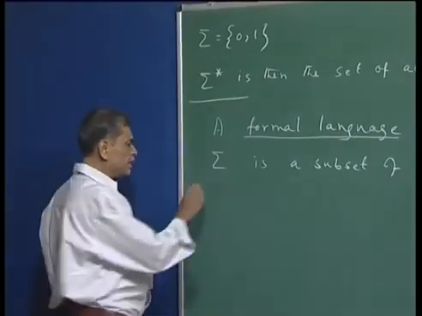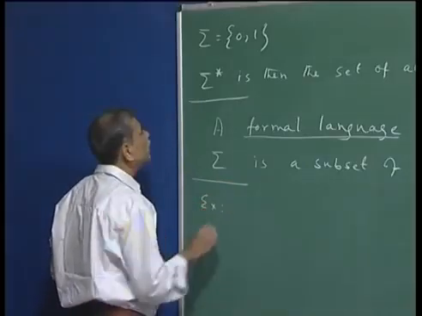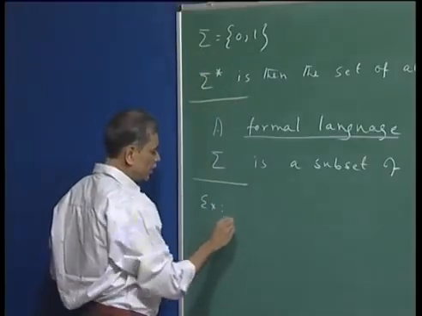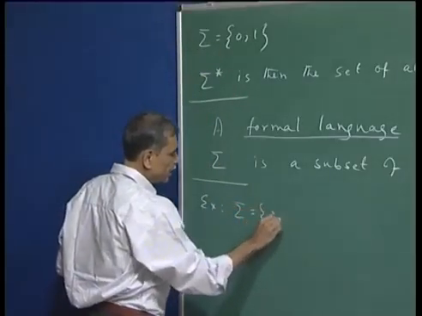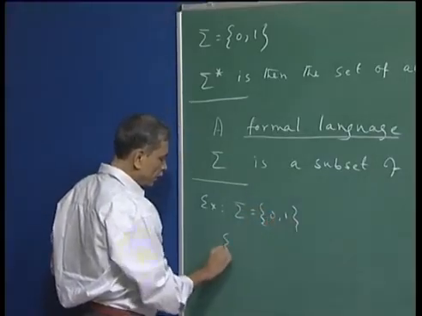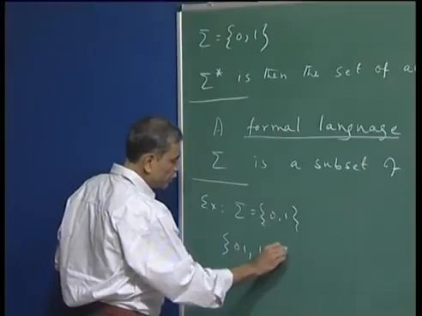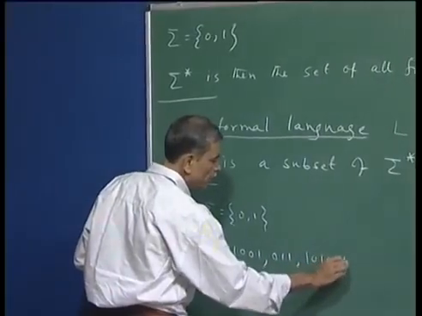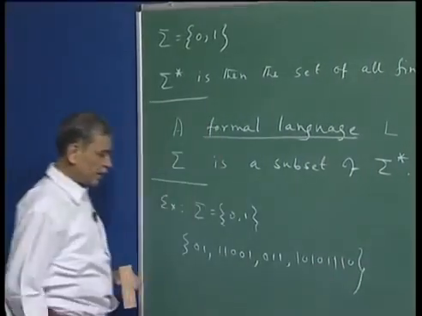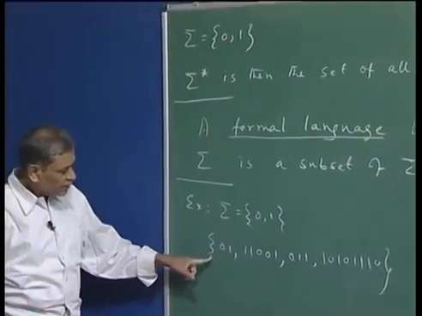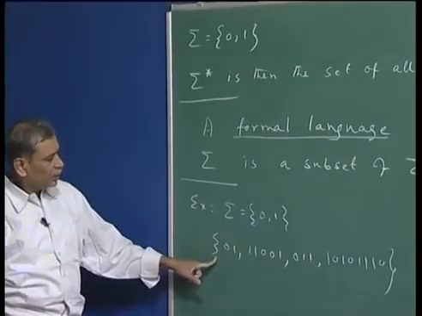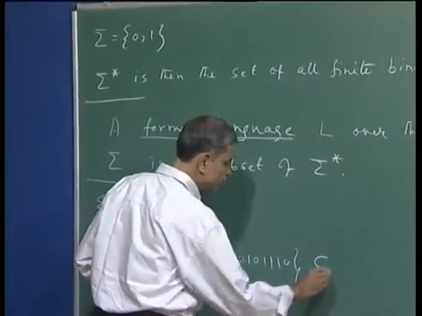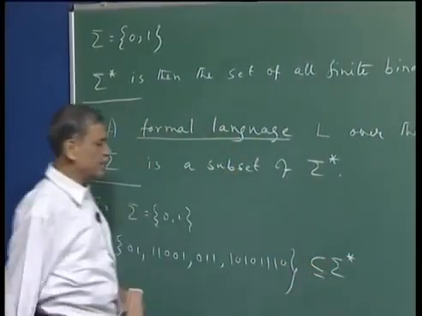So it is clear that, for this alphabet sigma, which is again the binary alphabet, 0 1 1 1 0 0 1 0 1 1 1 0 1 0 1 1 1 0 is a set of strings over the alphabet 0 1, and clearly this is a subset of sigma star.